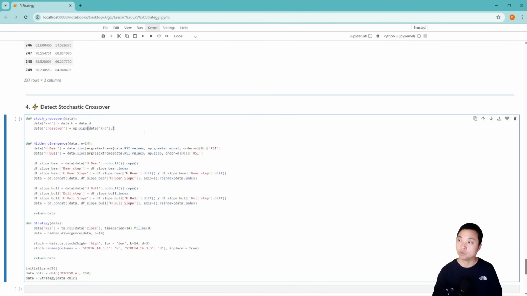A +1, just like I mentioned, means that K is above D, and a -1 means that K is below %D. And then what we're going to do is measure the difference.